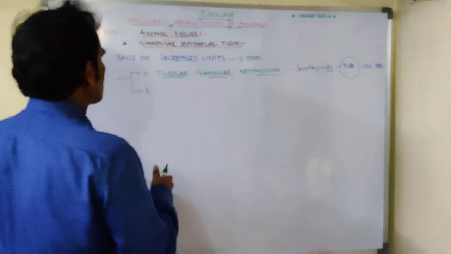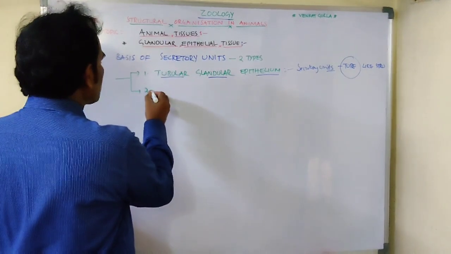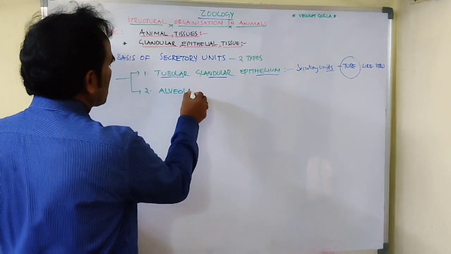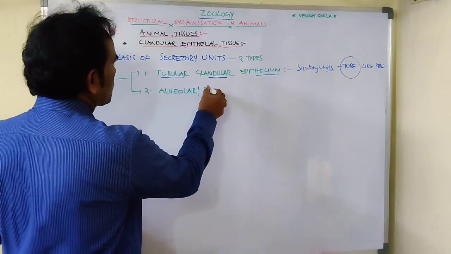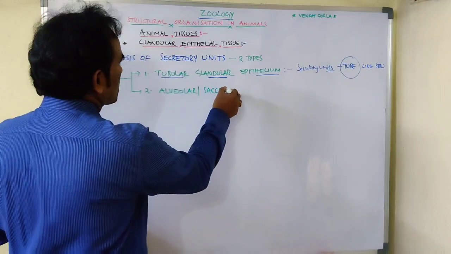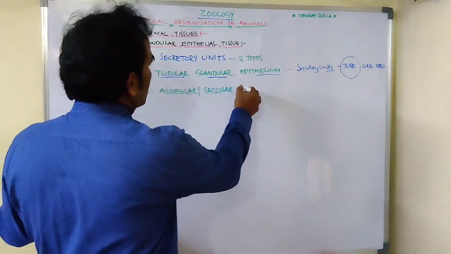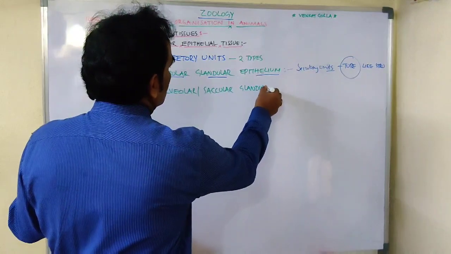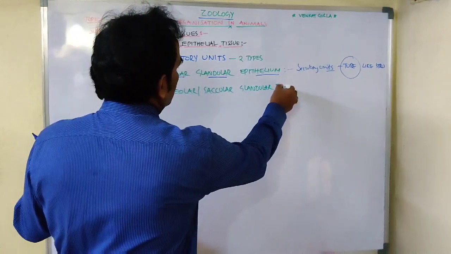And another one is called alveolar or saccular glandular epithelium.